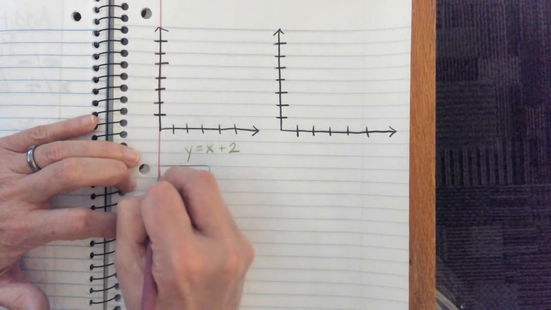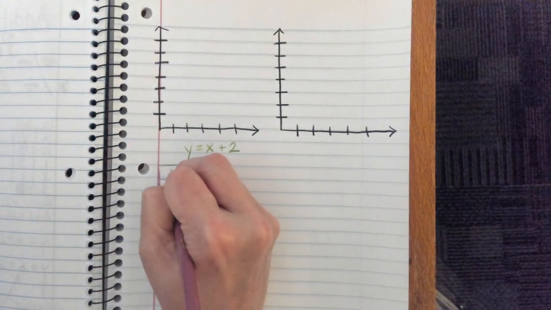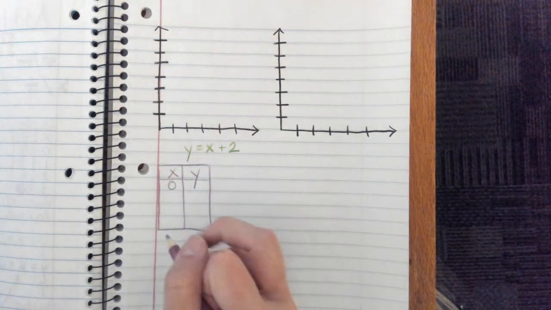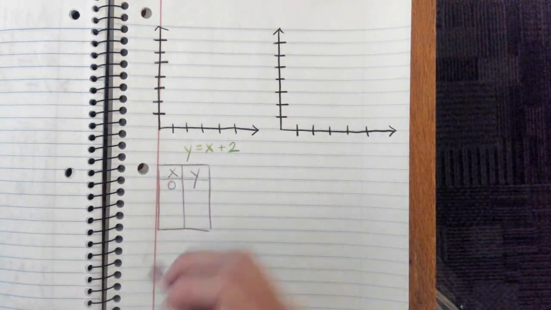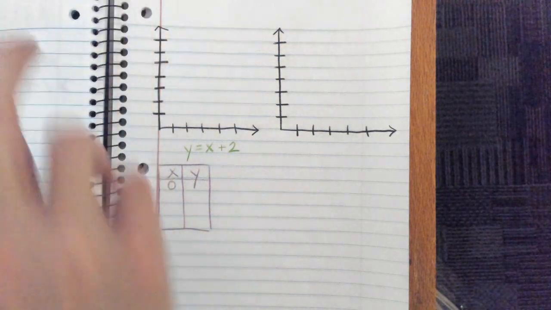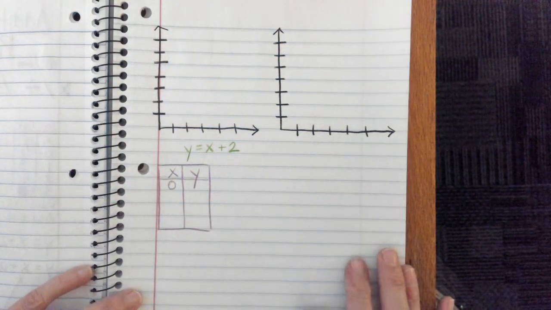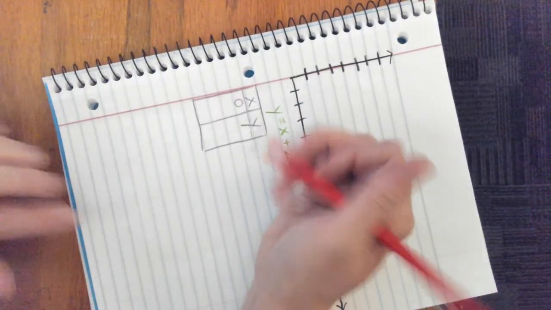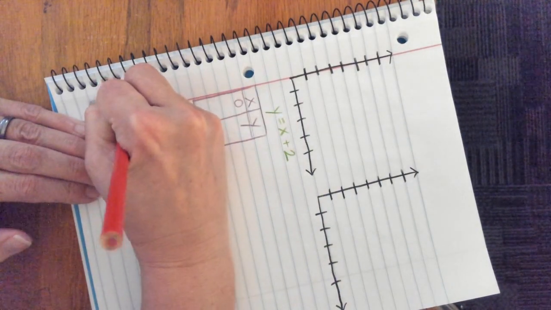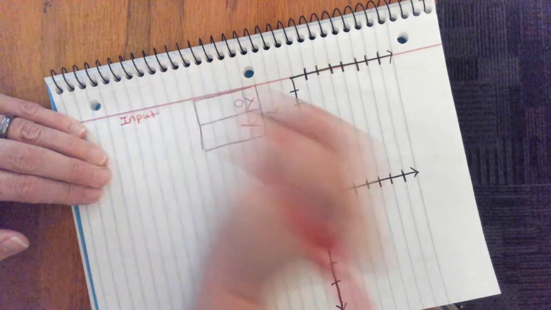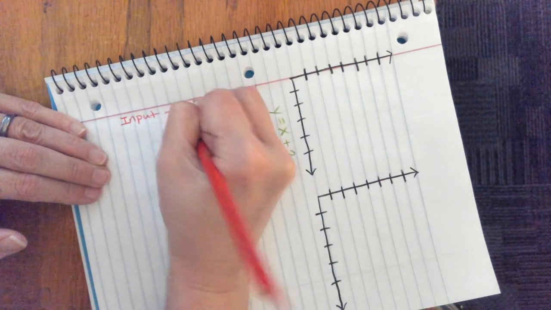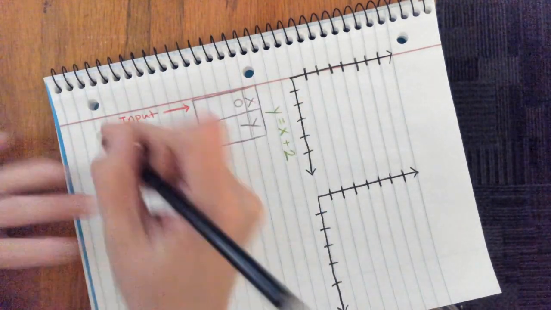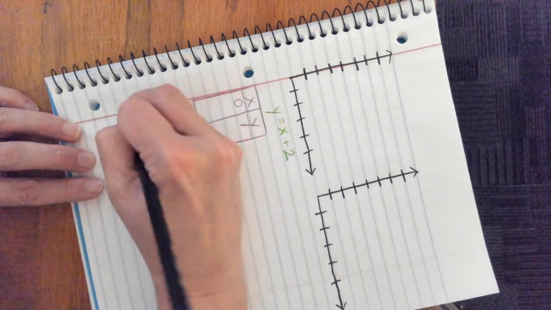So again, if I put in 0, okay, and again, this right here is called my input. I'm just going to keep repeating these words because it's one of those things that's not going to get comfortable until you just keep trying it. Okay, so this is my input. It's also my independent variable.